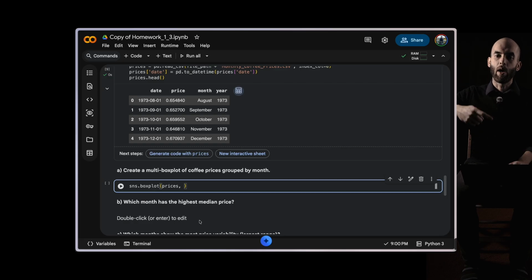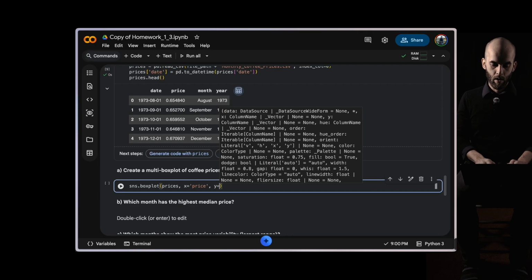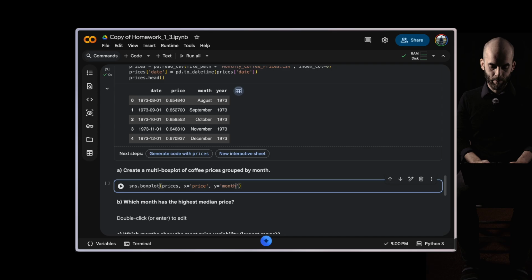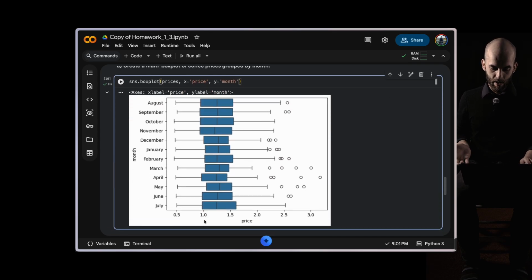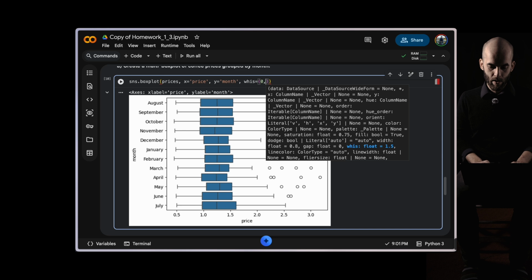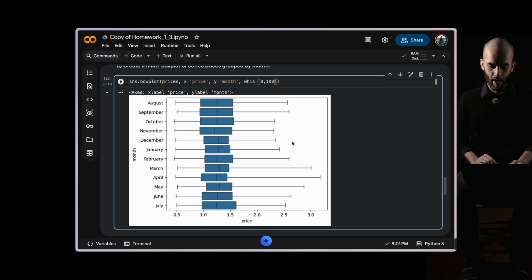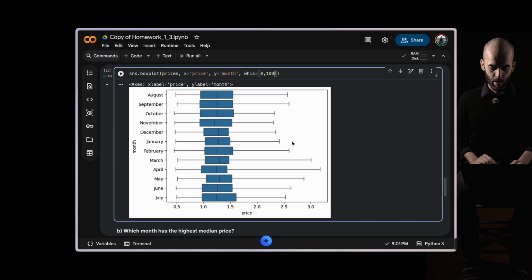And then I want each month represented on the vertical axis. So I want X to represent price, and then I want the vertical to be month. And if I run this, then I get this thing. This is pretty good, but I want to define whiskers to be between 0 and 100, just so we don't include the outliers. And that looks like this.